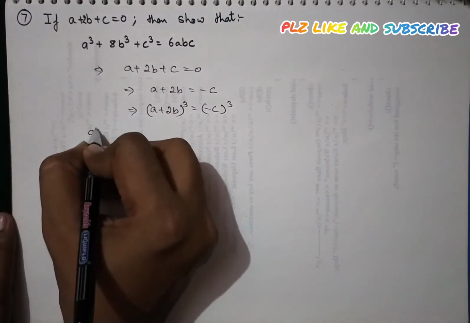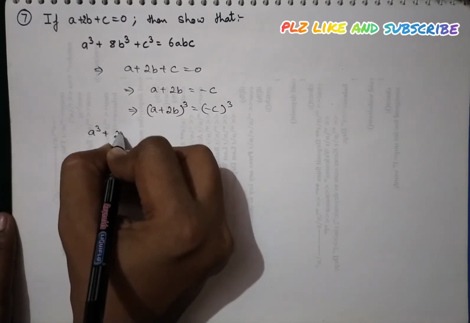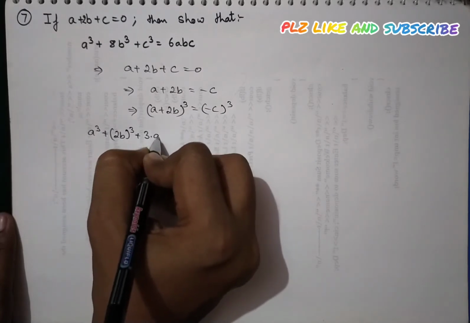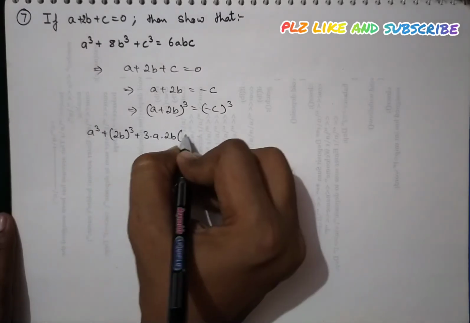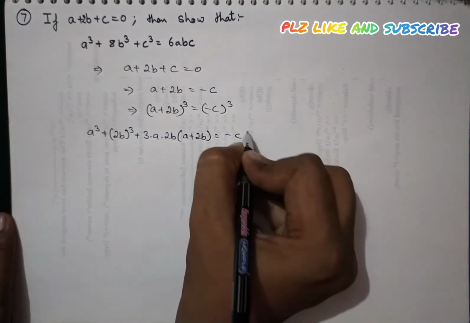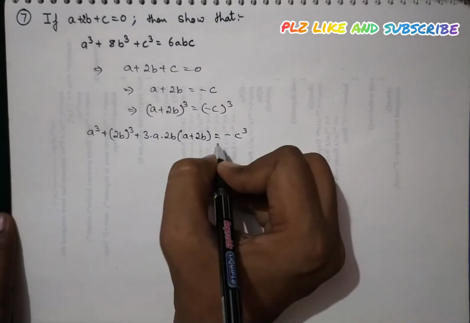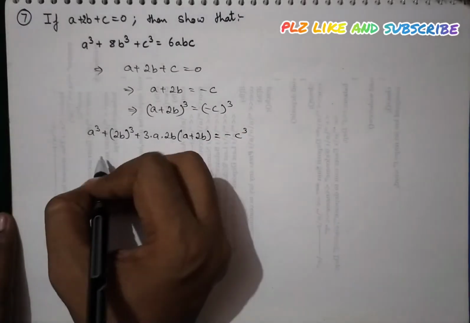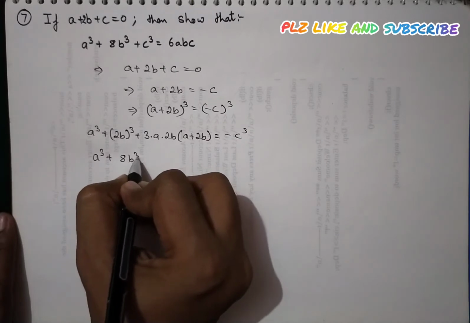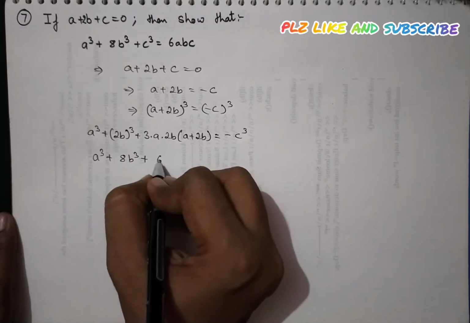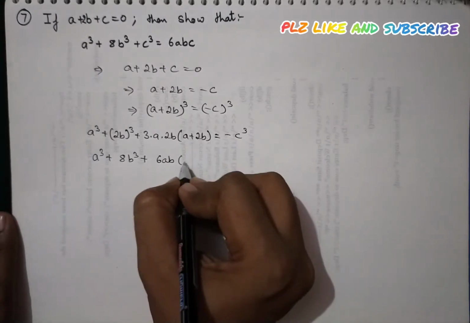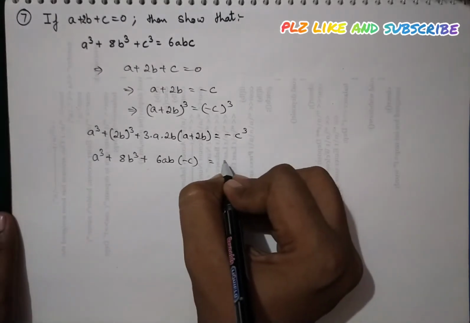This will become a cube plus (2b) whole cube plus 3 into a into 2b times (a plus 2b) equals minus c cube. And now a cube plus 8b cube plus this will be 6ab, and here the value of this, that is minus c, equals minus c cube.